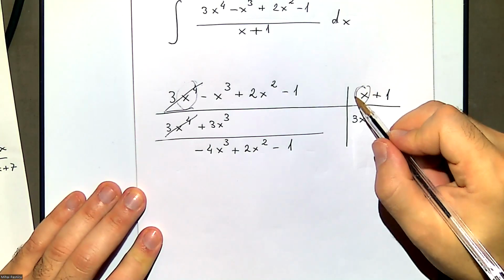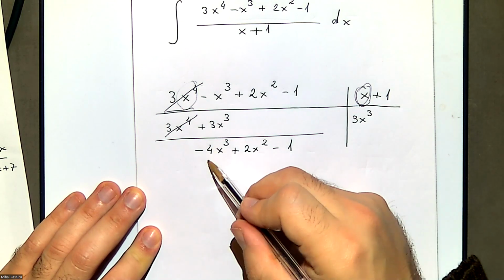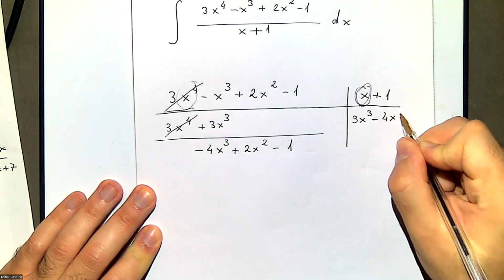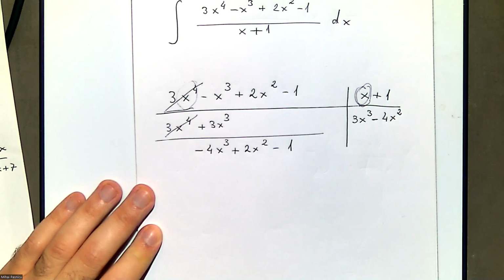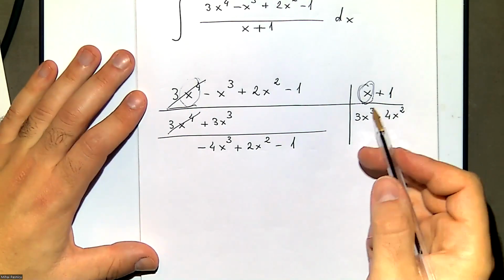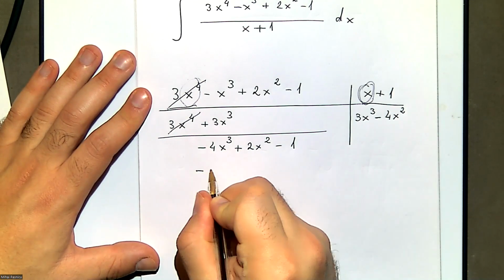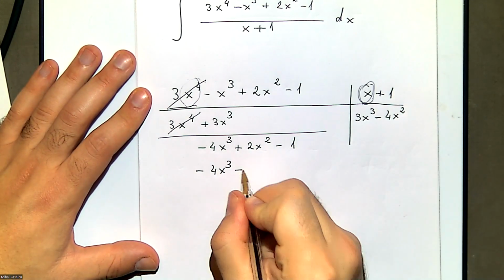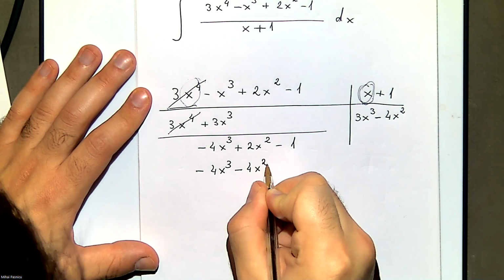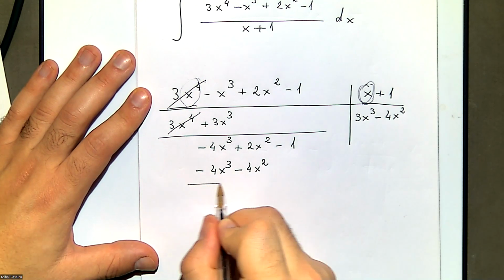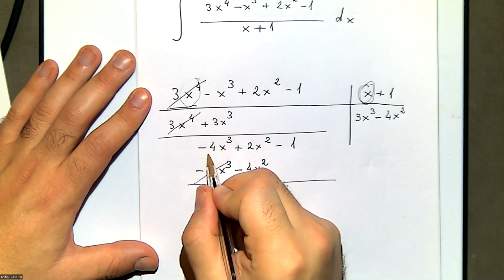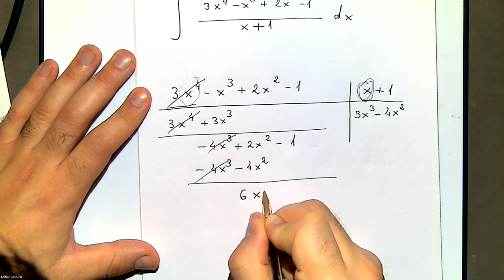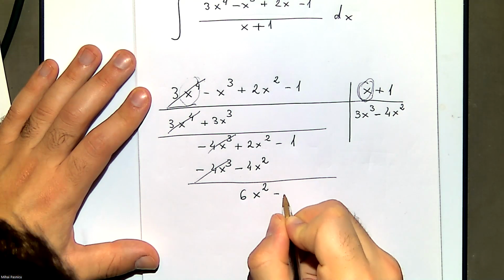Again, same question, x in minus 4x to the third, that's minus 4x squared. Minus 4x squared times x is minus 4x to the third, minus 4x squared. What do I have left after this? This goes away, and I'm stuck with 6x squared minus 1.